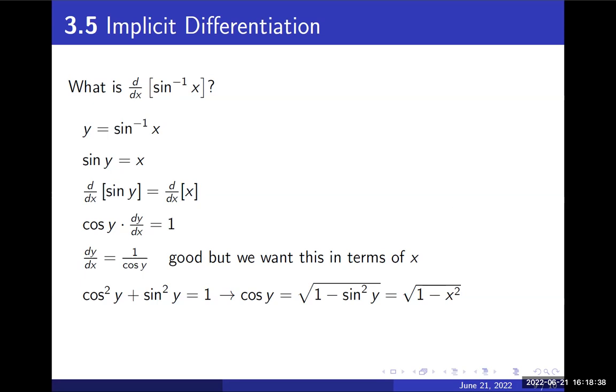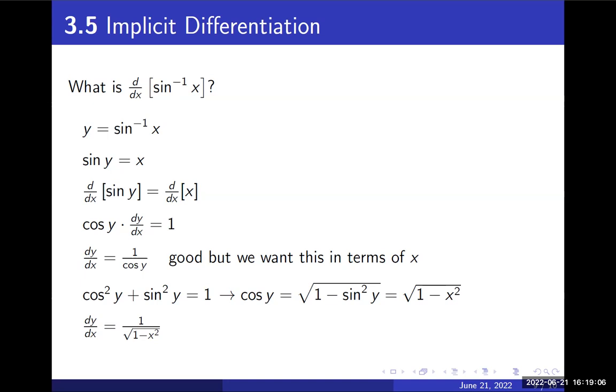So what we're going to do is replace this cosine y here with our square root of 1 minus x squared, and there we got it. dy over dx, the derivative of arc sine x, is 1 over the square root of 1 minus x squared. Thank you to that Pythagorean identity.